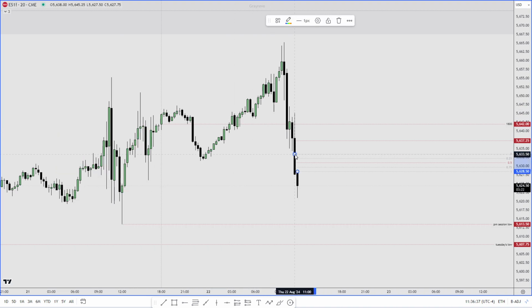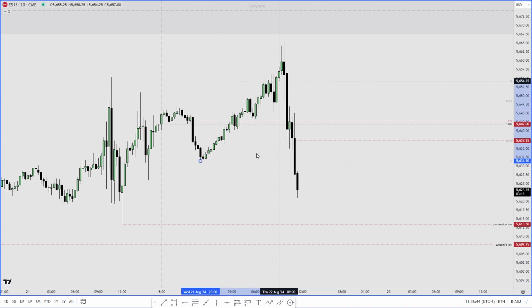Let's take a look, how many points would that be? What's this? Okay. So considering ES, it's slightly more bullish than NQ.